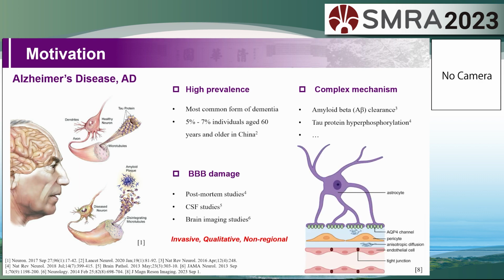And the blood-brain barrier, or BBB, is a key structure involved in A-beta clearance. Various postmortem, CSF and brain imaging studies have highlighted the BBB damage in Alzheimer's disease. But these studies are almost invasive or qualitative, and they fail to assess regional BBB damage.